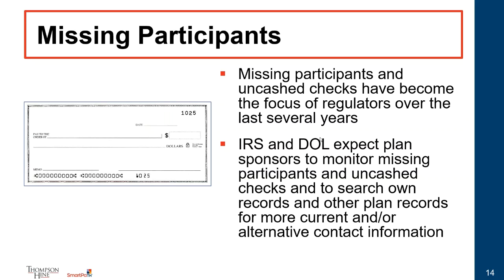If you provide participants with an annual qualified default investment alternative notice, QDIA notice, and tell each participant that if you don't direct your investments elsewhere, they're going to be defaulted to the X target date fund, and you've given that notice, then you're protected when those default investments happen.